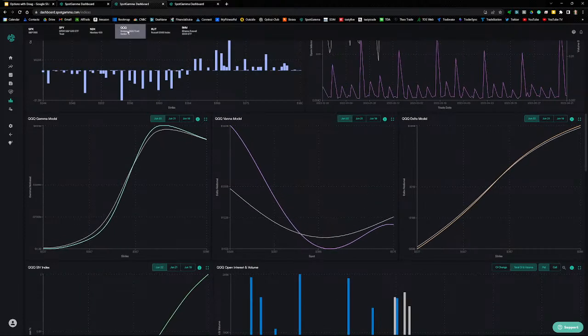Let's take a look at QQQ. Gamma notional for QQQ is also negative. Right now, QQQ is trading around 364, so right around that volatility trigger that has been central today. Let me go take a look at Bookmap.